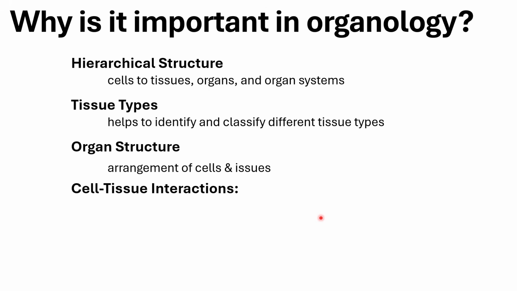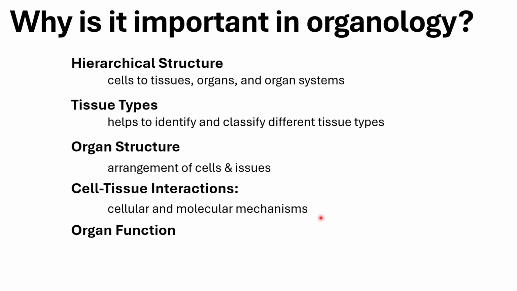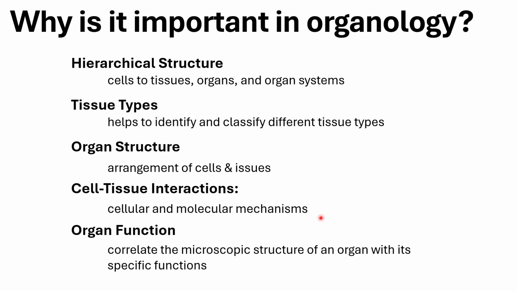And of course, we have our cell and tissue interactions wherein both cellular and molecular mechanisms play a big role in the functionality of the organ. Okay? So hopefully, as we go on through the semester or in the later topics, we will be able to correlate the microscopic structure of an organ with its specific function.